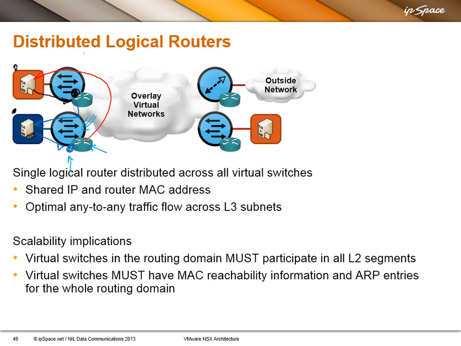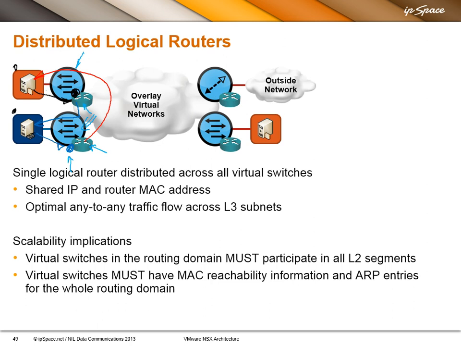Likewise, the top hypervisor has to participate in the red subnet, obviously, but also in the blue subnet, because when it sends the traffic to the blue VM, it has to be part of the blue subnet. Which means that the moment you turn on distributed logical routers, every hypervisor has to participate in every logical subnet in the whole routing domain.